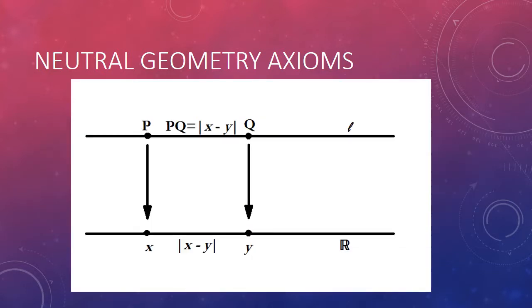So if we go back to our diagram, it says that wherever we map P to, we can call 0, and then wherever we map Q to, which will be in the positive part of the real line, is also what we'll identify as the positive side here. This allows us to talk about things that are on one side or the other of the point P on the line L. And we'll see how this works in the example that we do a little bit later.